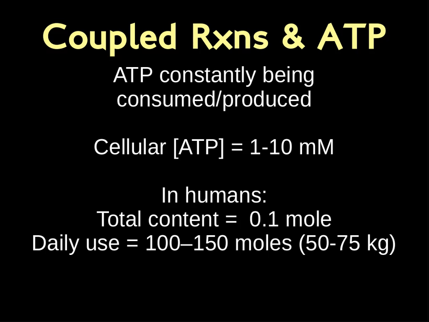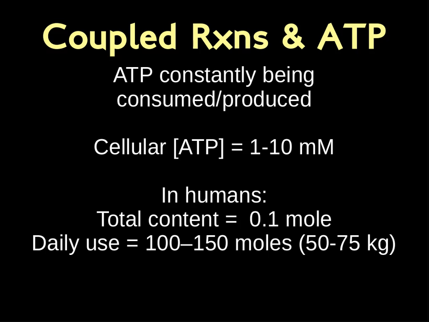But since we are in Canada, hold on, I'll convert that to pounds because I want this to make maximum impact. Convert 75 kilograms to pounds. 165 pounds. Thanks, Google. 165 pounds of ATP a day.